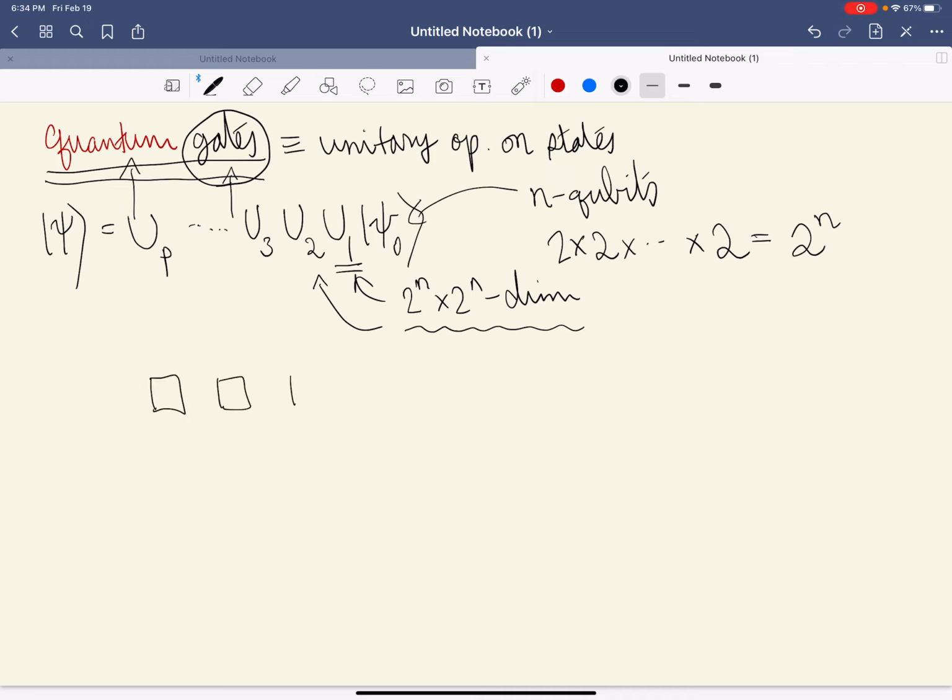Because performing such a unitary transformation means that you have to access all of these n qubits simultaneously and perform some intricate operations on all of them at the same time with basically infinite precision.